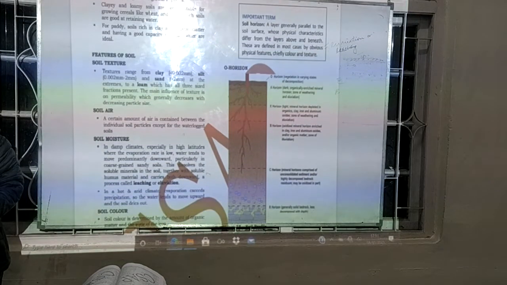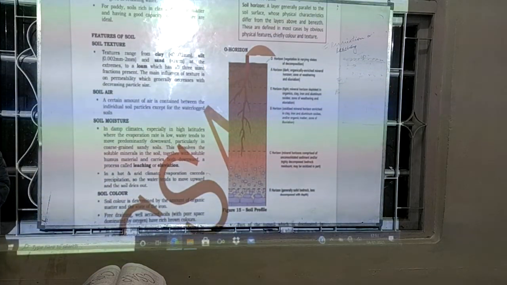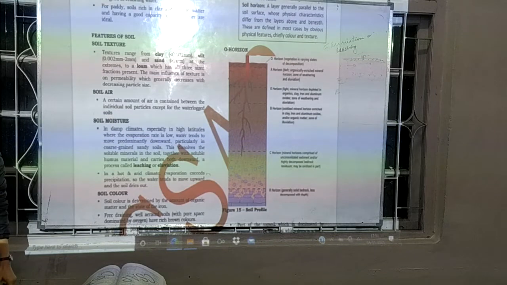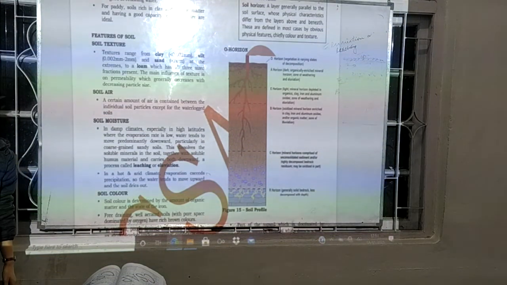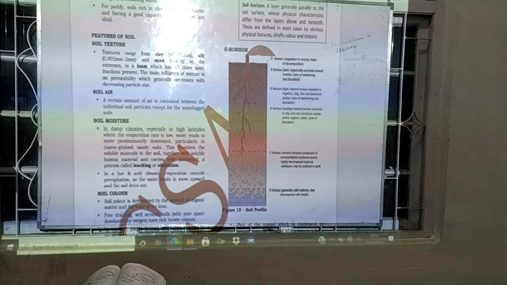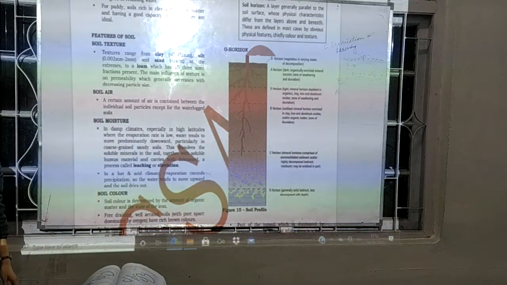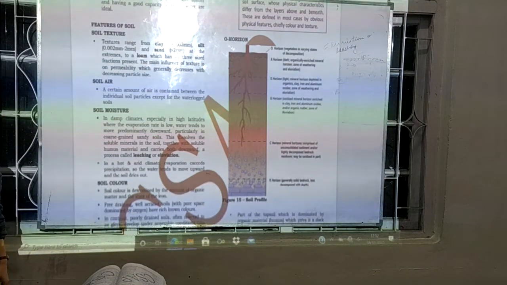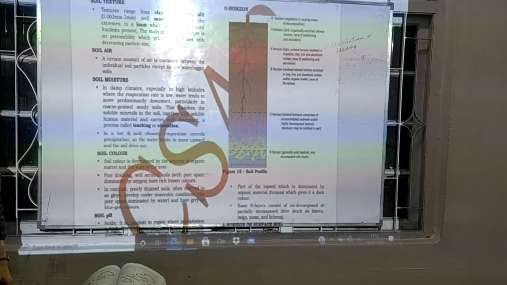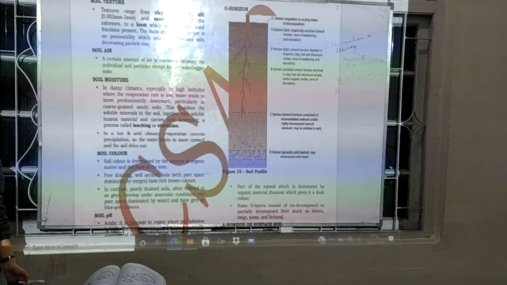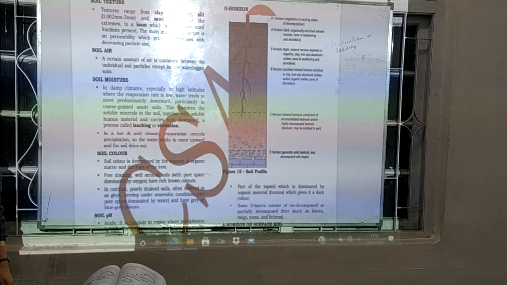Now we have some features of soil. Soil texture: we have clay, sand, silt, all according to particle size. Then we have soil air, how much aerated the soil is, which depends on whether it can be waterlogged or not. Then we have soil moisture.